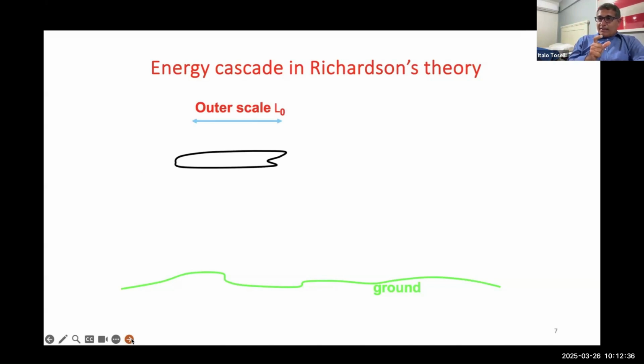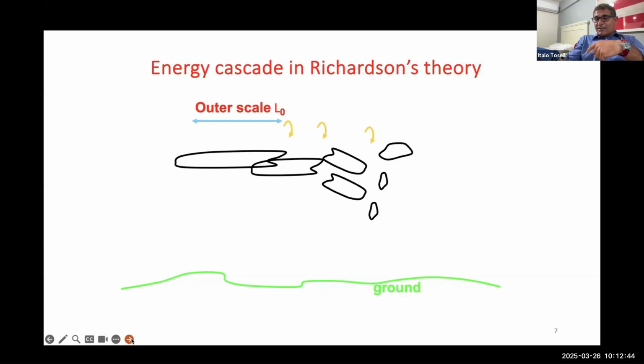The biggest one is called the outer scale. Then there is an energy transfer until you reach the inner scale. In the inertial range, this energy is transferred inertially, right? Then you reach the smaller scale, which is called the inner scale. And beyond that, you have only dissipation, okay?